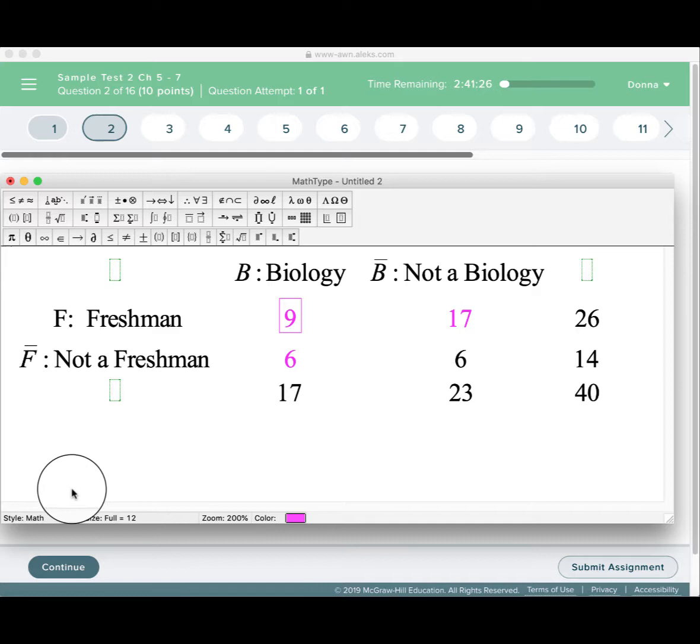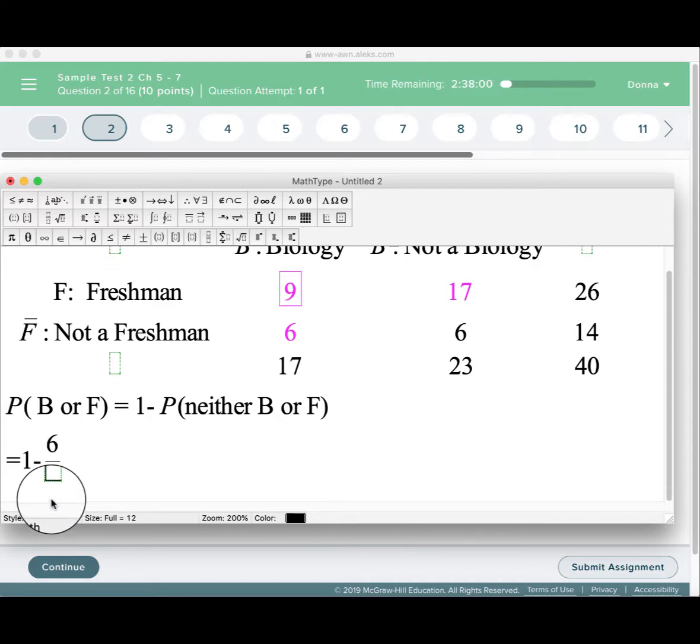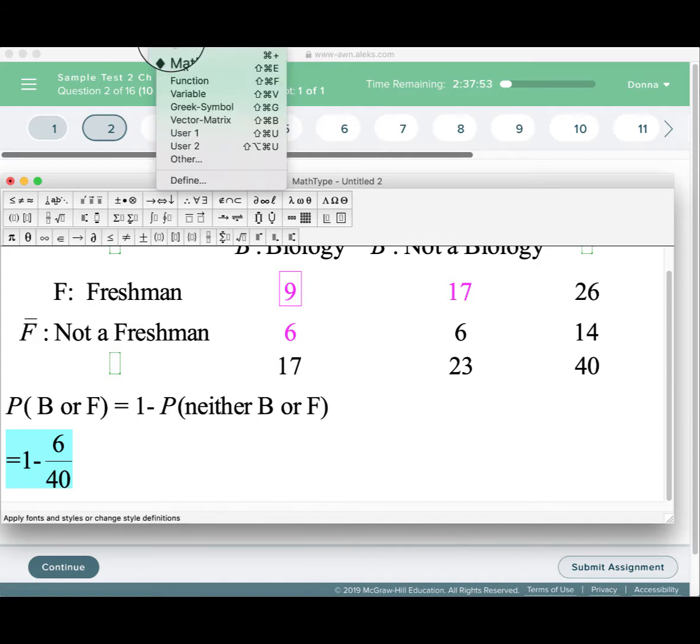So let's capture that using math. So we have the probability of B or F is 1 minus the probability of neither B or F. In this particular case, that's equal to 1 minus 6 divided by 40. We can get a common denominator.